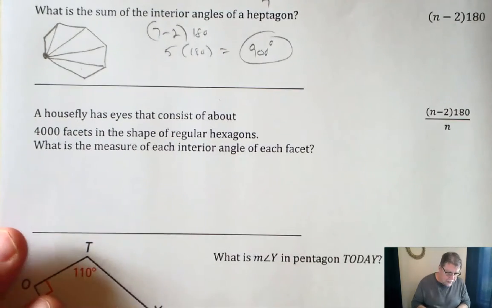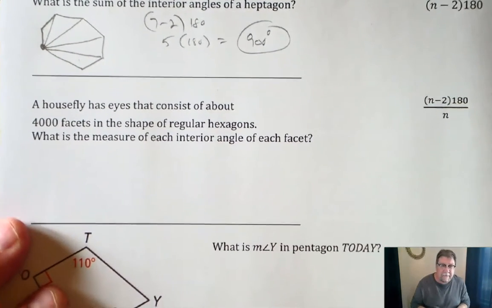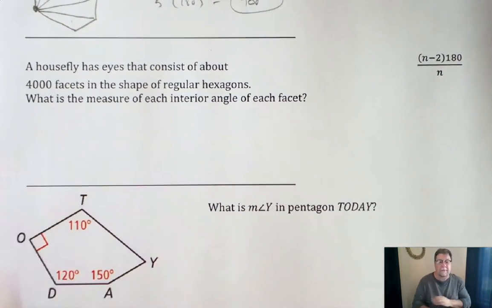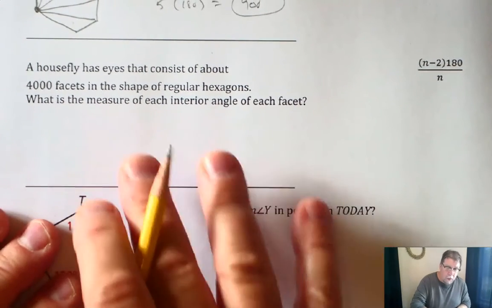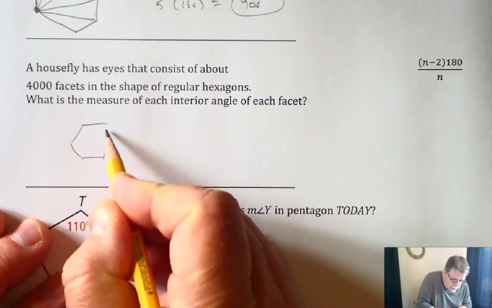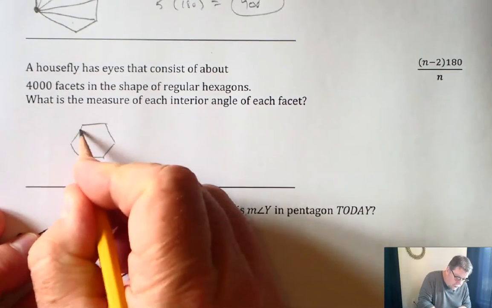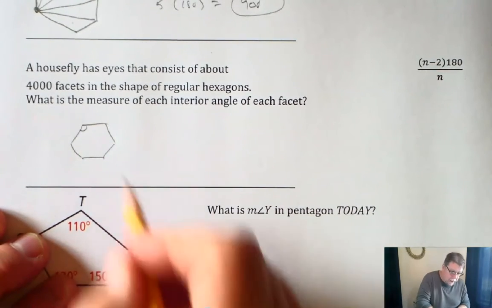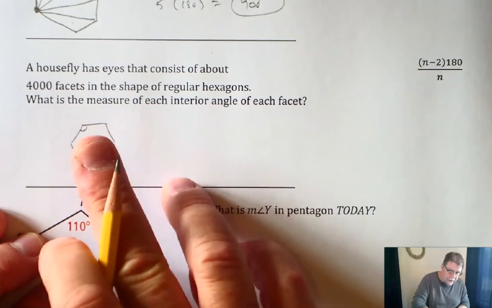All right, a housefly has eyes that consist of about 4,000 facets in the shape of regular hexagons. What's the measure of each interior angle of each facet? So basically, we're looking at one regular hexagon, and we want to know the measure of one interior angle. So you have to assume that it's regular. So first of all, it has 6 sides.